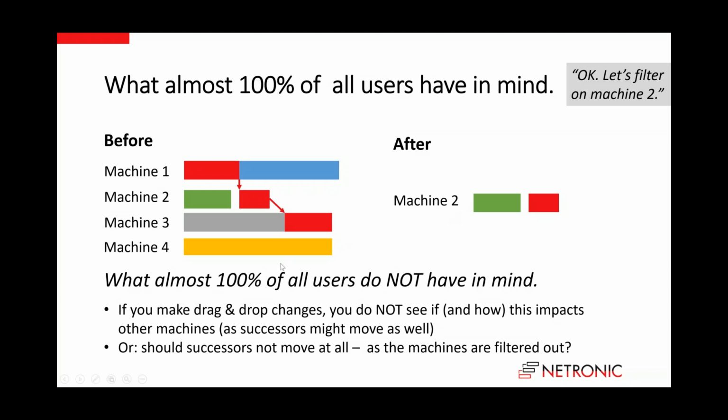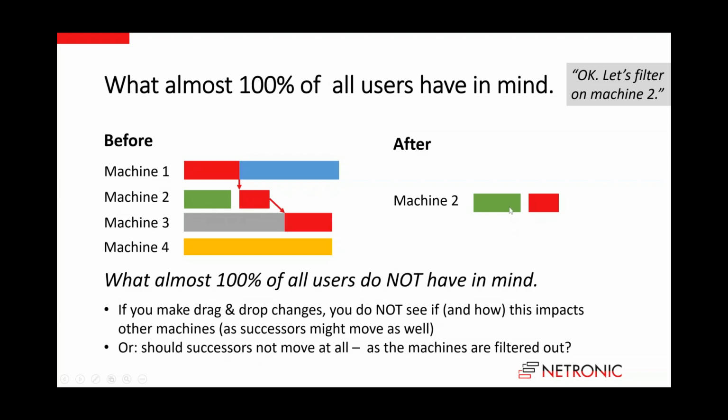So if you make drag and drop changes, you do not see if and how this impacts other machines, and successors might move as well, right? Do you want successors to move? Do you want predecessors to move? If I move it to here, should this move to here, or should it tell me no, it cannot move?